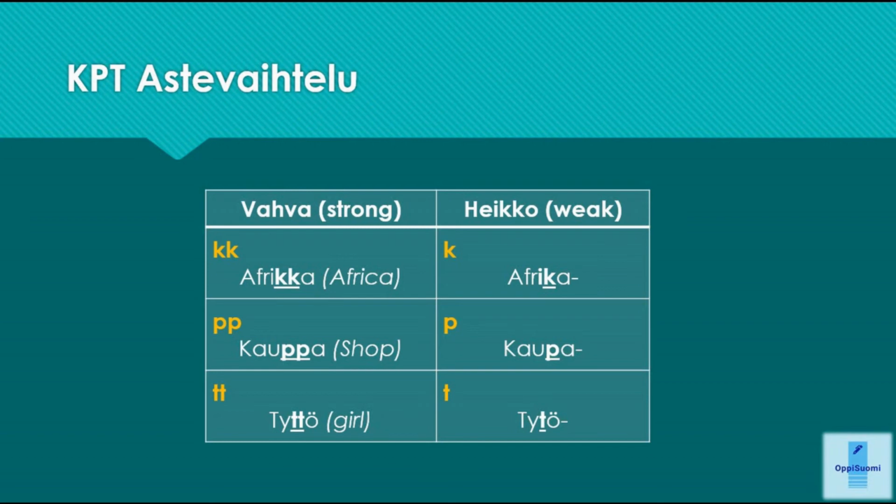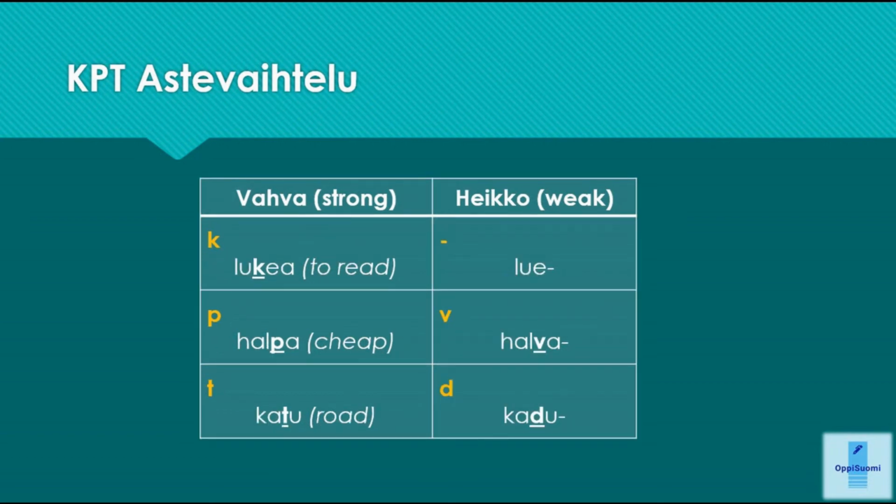So next one is k. K changes into nothing. You can see it in the example. Lukea, there's k, but when it changes into weak state, there's only lue. There's no k here. And next one, p: halpa changes to halva with v.